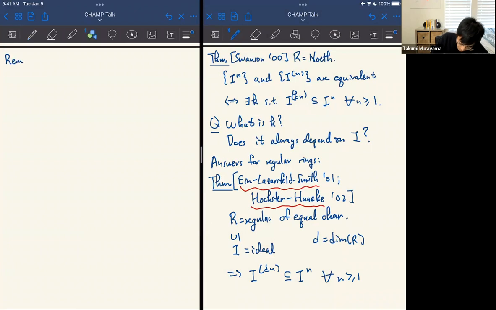Okay. And before I state my main theorem, let me tell you a few things about this number d. You can ask, can you choose d to be smaller? And you can.